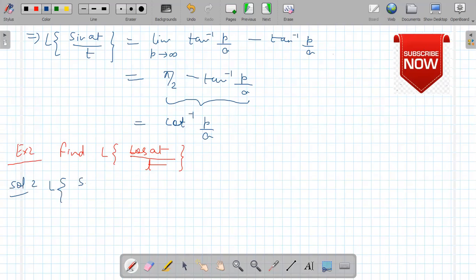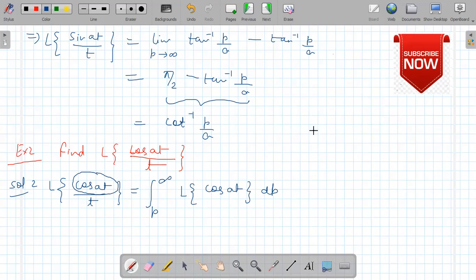Laplace transform of cos at divided by t is integral p to infinity of Laplace transform of cos at, because here cos at is f(t).